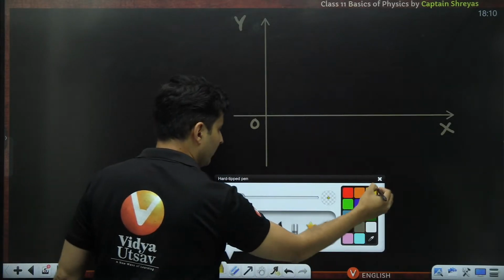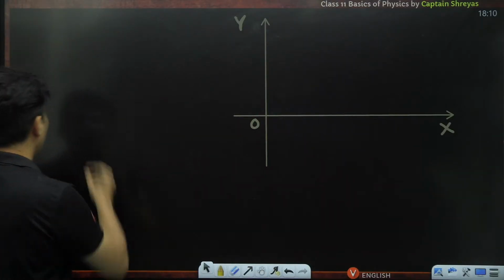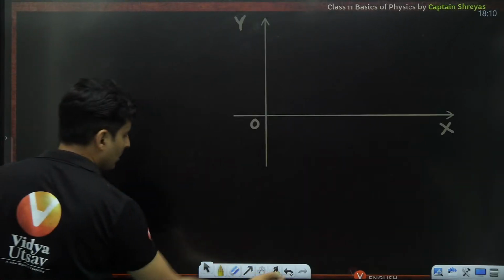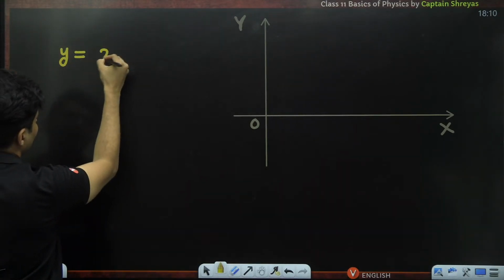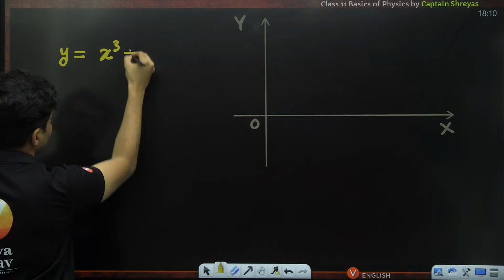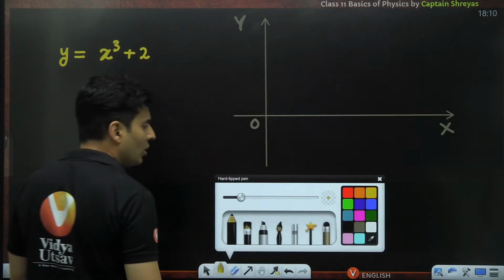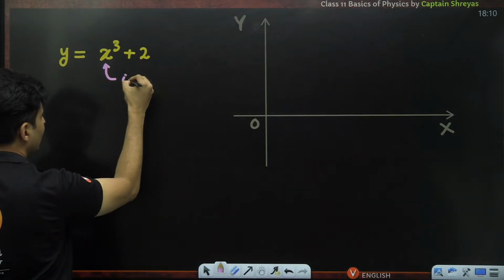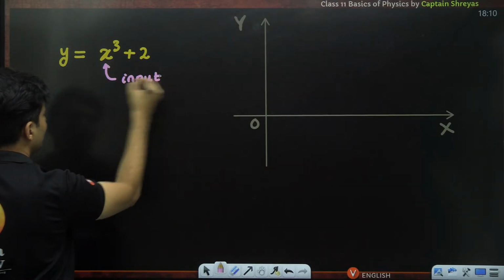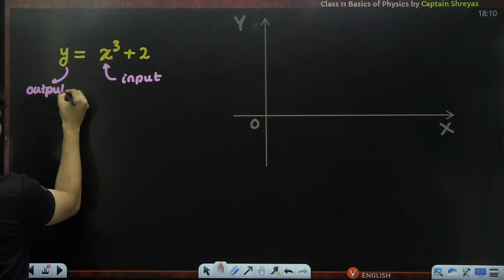Say for example, I tell you, listen, my y value is basically x cube plus 2. Just like that, I have told you something. Meaning, you tell me the value of x, that means you input the value of x, and I will give you the output.